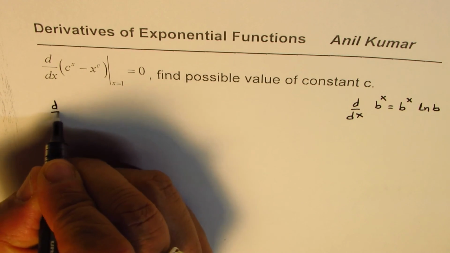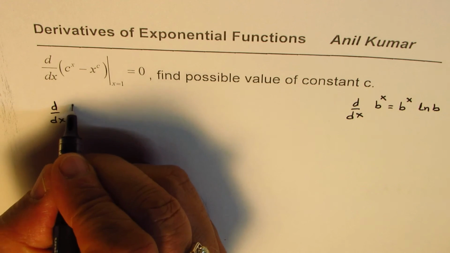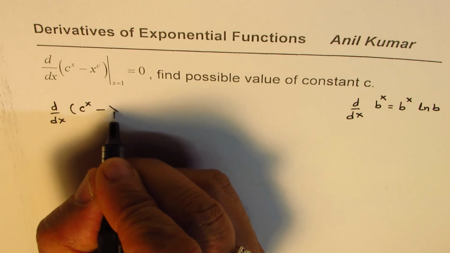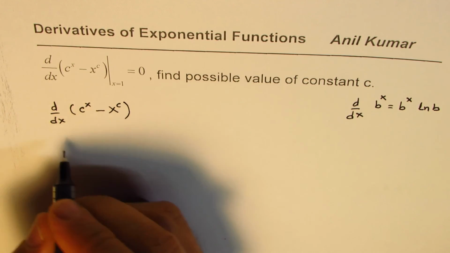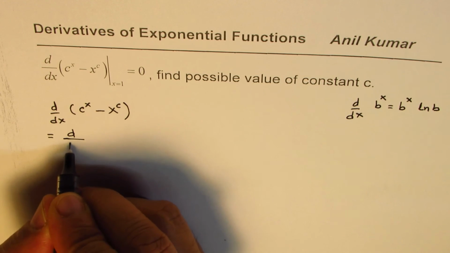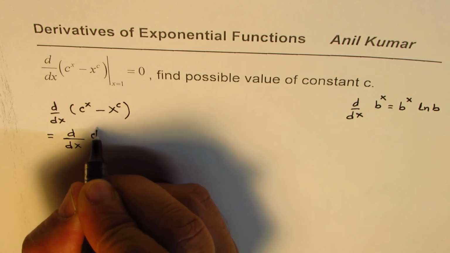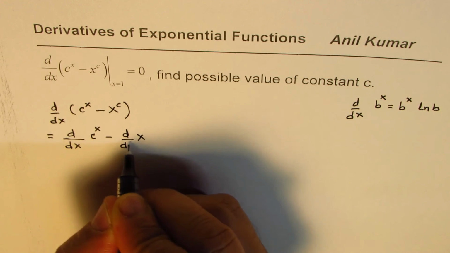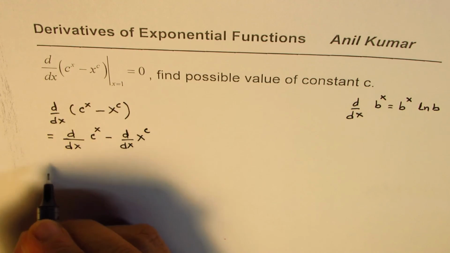So d/dx of c to the power of x minus x to the power of c is equal to the derivative of c to the power of x minus the derivative of x to the power of c, right?